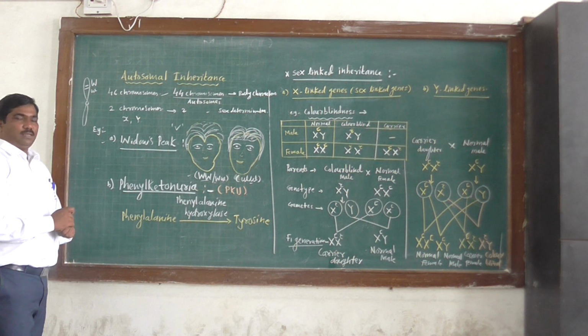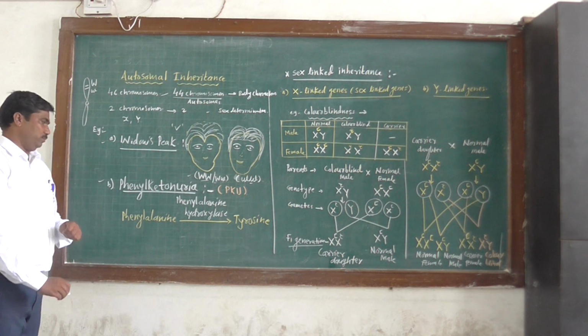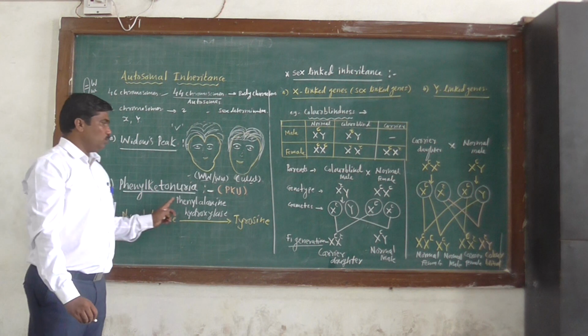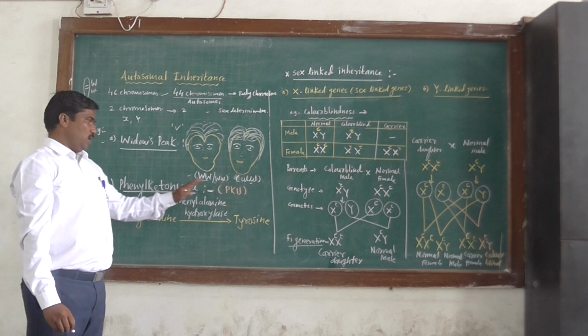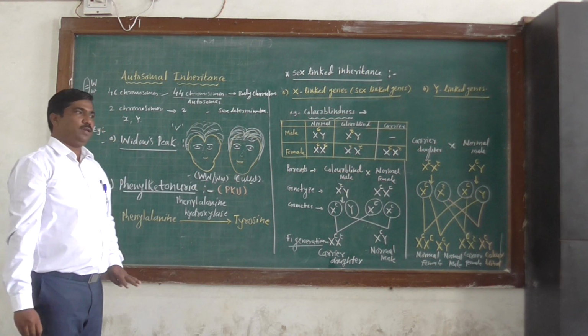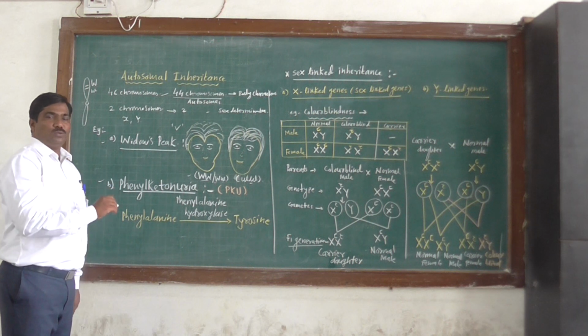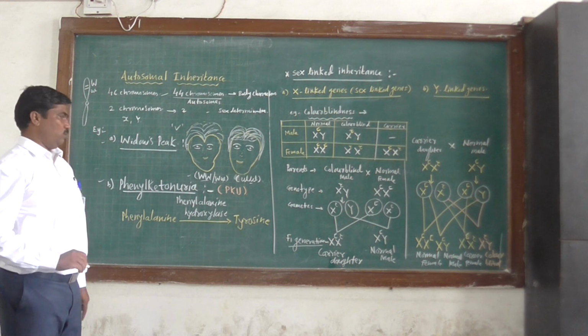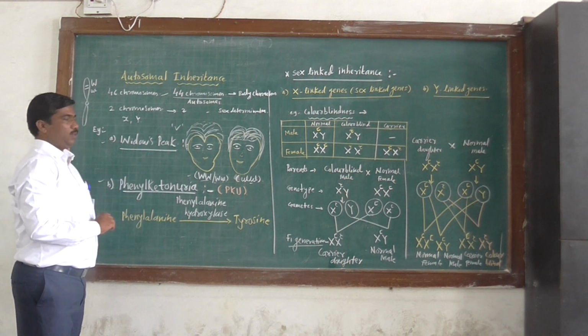Then another example, that is phenylketonuria, also known as PKU. It is an inborn autosomal recessive disorder. It is caused by the recessive gene.